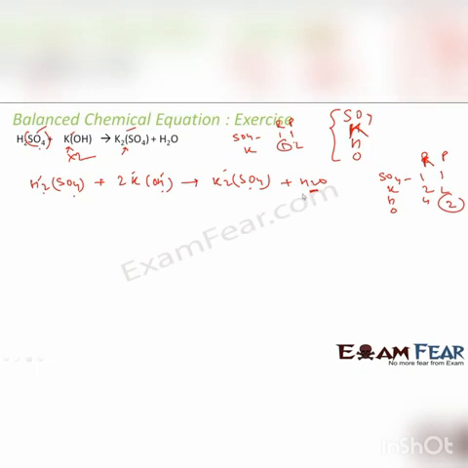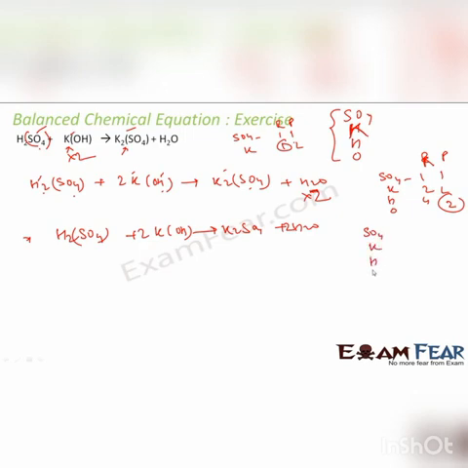It does not balance, so we need 2 more hydrogen here, so we'll multiply with 2. So what you get now is H2SO4 plus 2 KOH gives K2SO4 plus 2H2O.